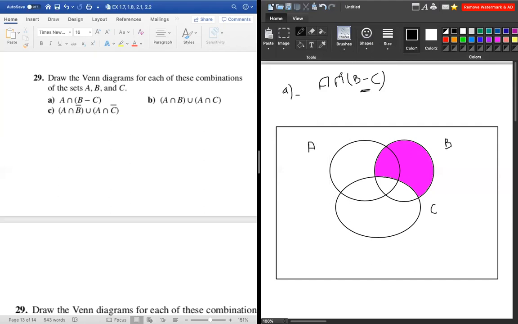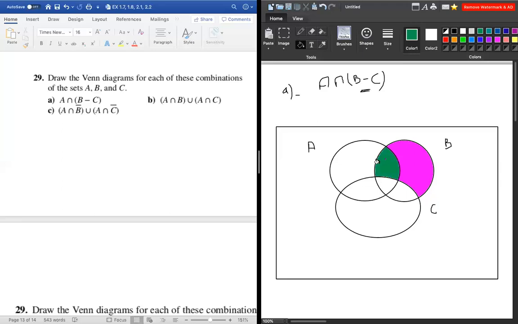And then we have A intersection B minus C. This portion here, let me fill it with green.